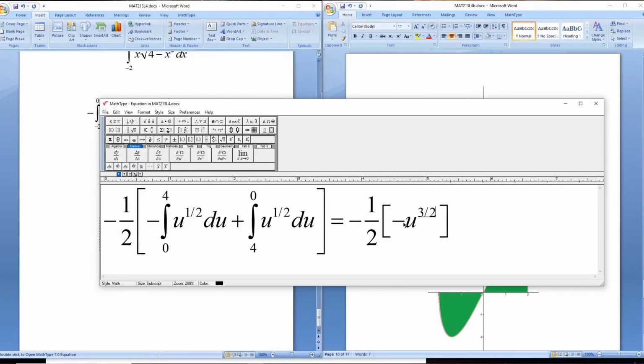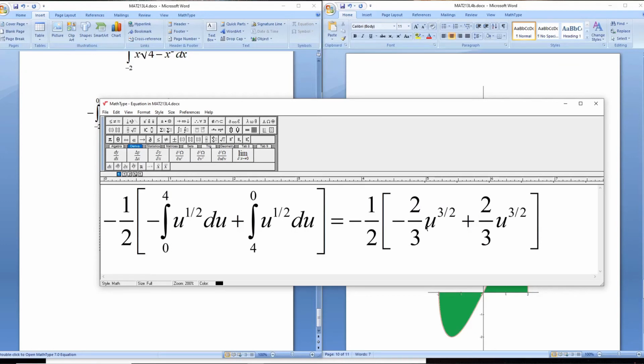And then we always divide by that new power. And dividing by 3 halves is equivalent to multiplying by 2/3. And then we have plus our next integral. Again, another u to the half, and that becomes, again, 2/3 u to the 3 halves.